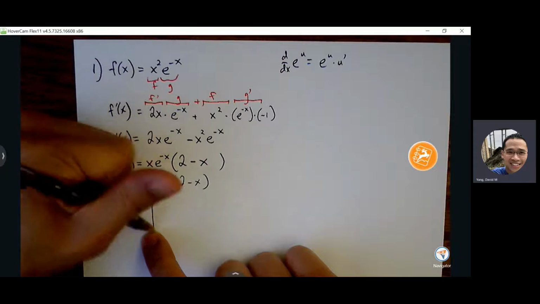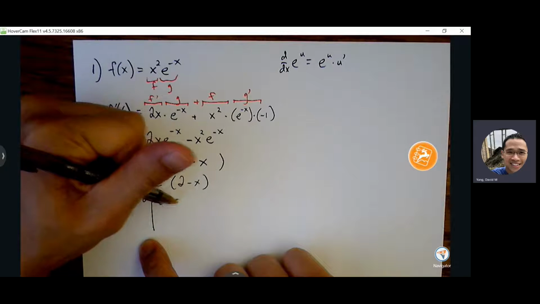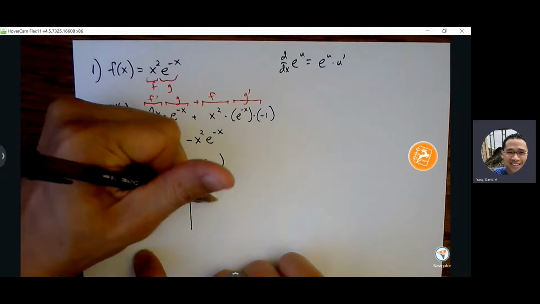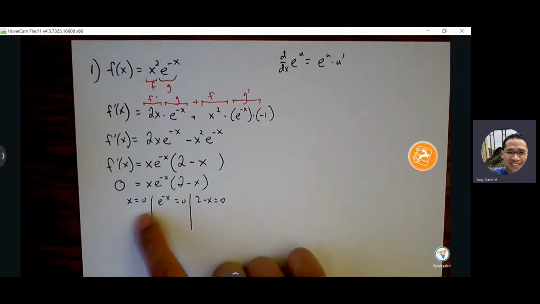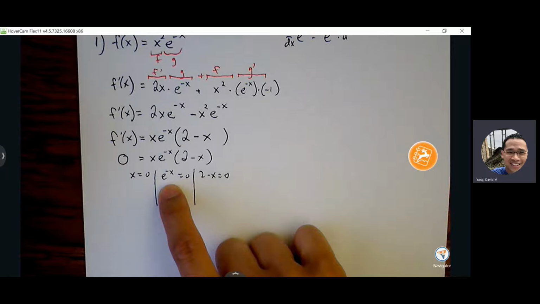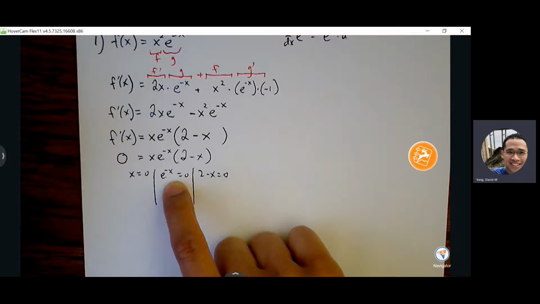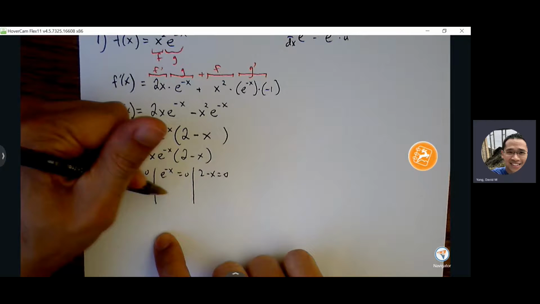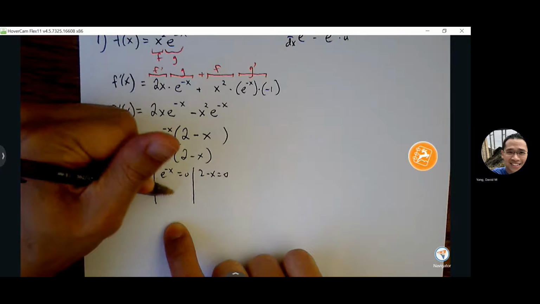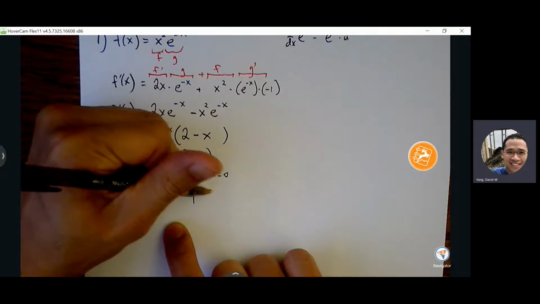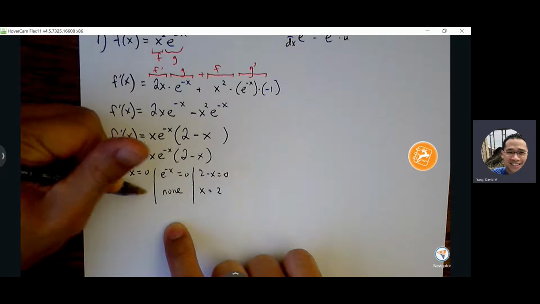So x equal to 0, e to the negative x equal to 0, 2 minus x equal to 0. If you try to set e to the negative x equal to 0, we won't get anything in return. This is undefined, so nothing here. Just x equals 2 and x equals 0.